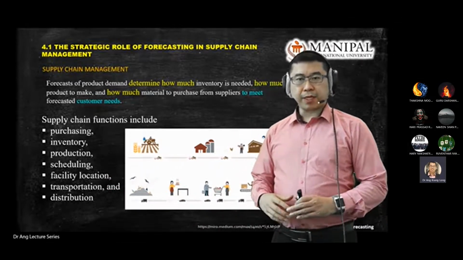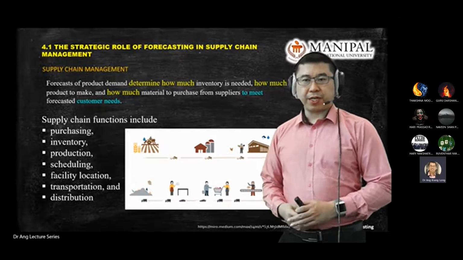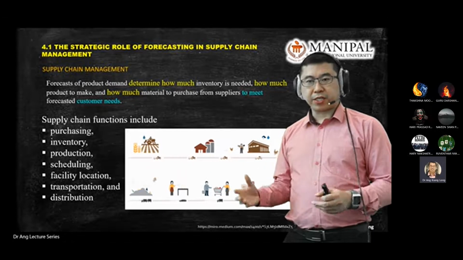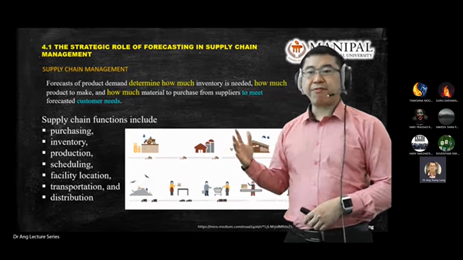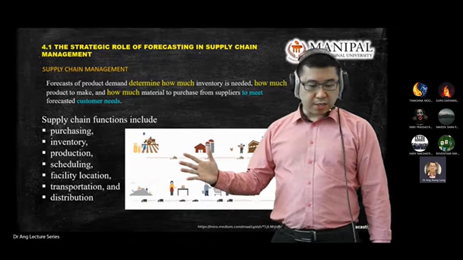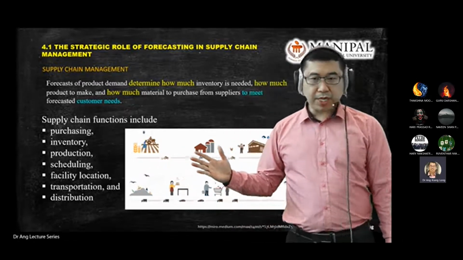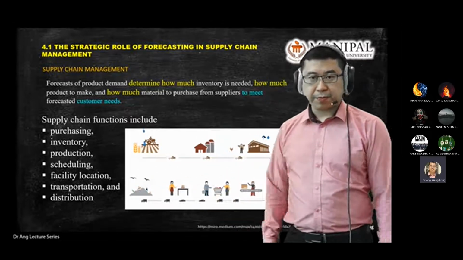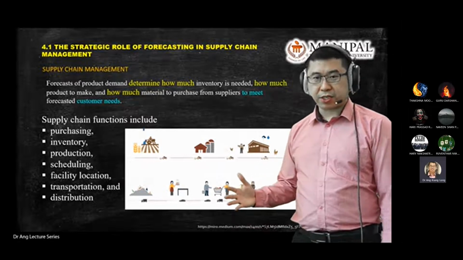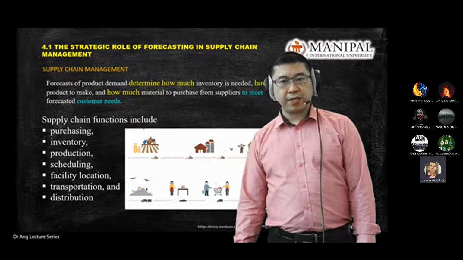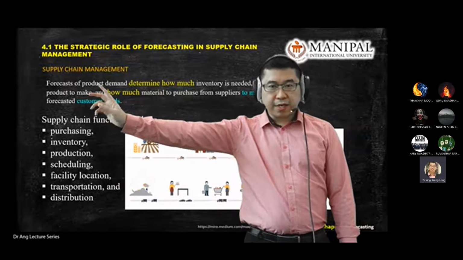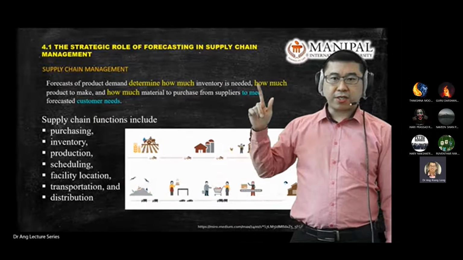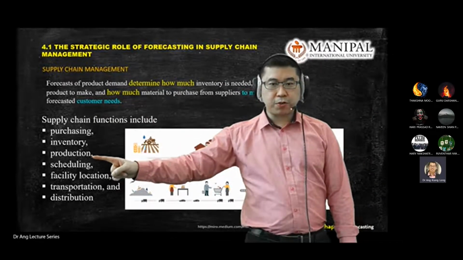Now back to the forecasting definition: what can forecasting do, or how does it impact the supply chain? What is the role of forecasting in the supply chain, and how can it impact your supply chain if you don't have good forecasting? Forecasting means determining how much inventory you need, how much to purchase, how much to produce, and when.